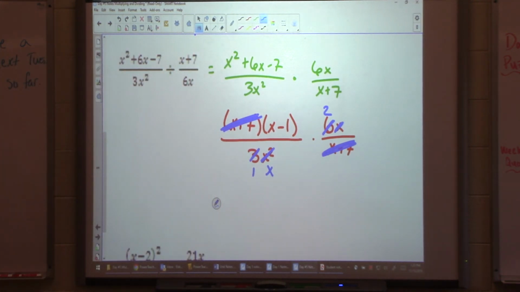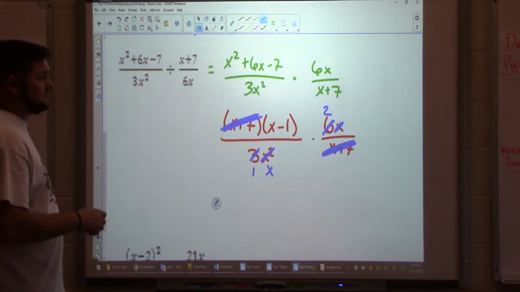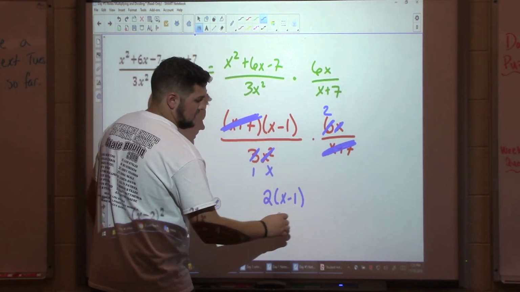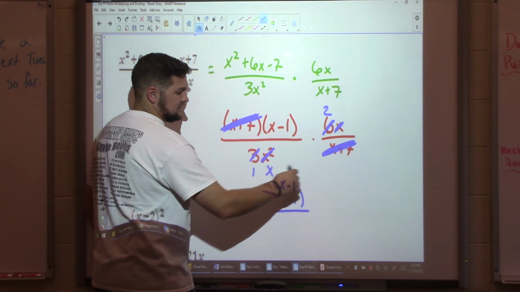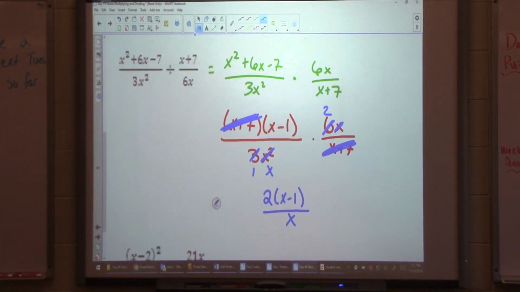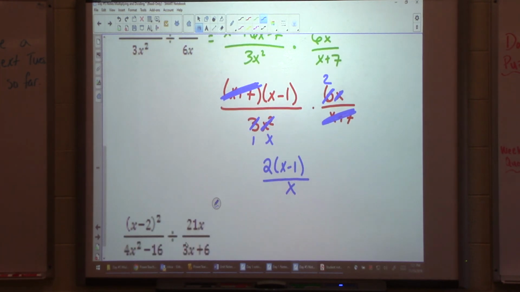Are there any other terms that I can simplify? No. So I'm just going to do my multiplication: 2 times x minus 1 over just x in the denominator. If you want to leave it like this, you're more than welcome to.